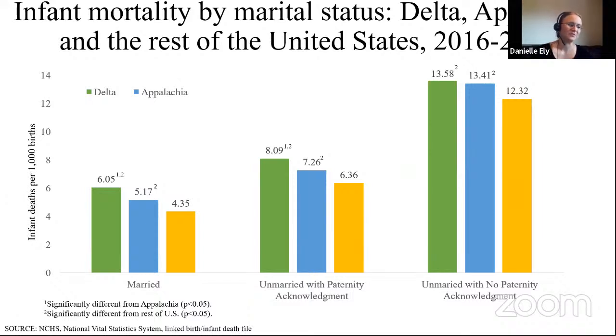In this example, the infant mortality rate was highest in the Delta for infants of married and unmarried women. But you can see that the highest infant mortality rates by marital status occurred for infants born to mothers who were unmarried with no paternity acknowledged, while rates were lowest for all regions for infants born to married women.